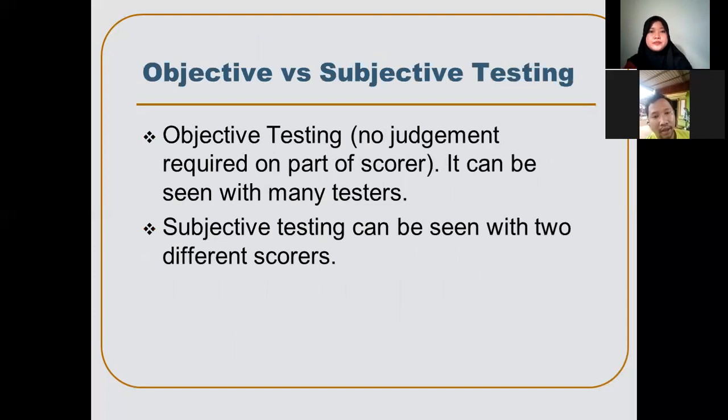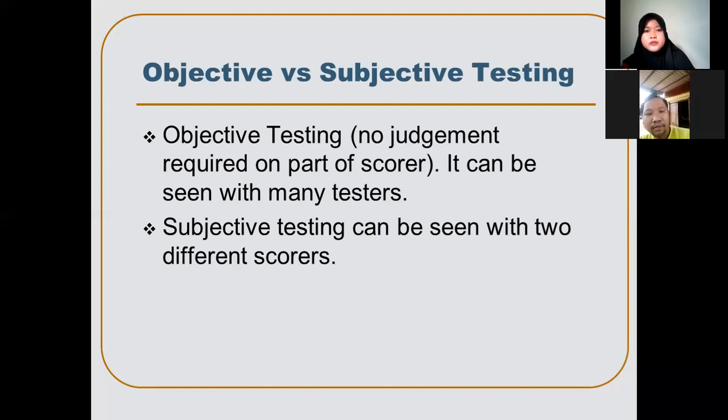Another pair is objective and subjective testing. Objective testing normally focuses on the test taker. It is meaningful when many test takers participate in the process of testing, and no judgment is required from a scorer.